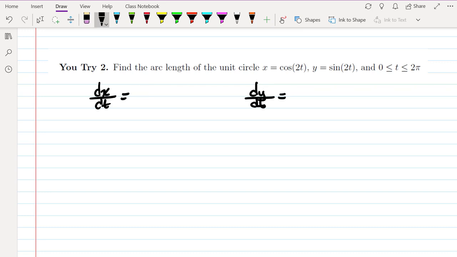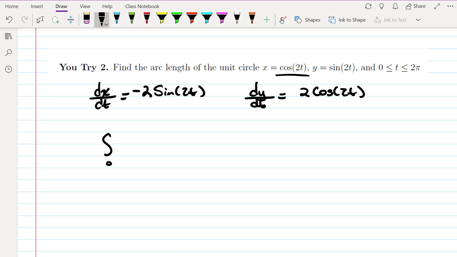Let's do that again. dx dt, x is cosine, so the derivative of cosine is negative sine. So we're going to have the sine of 2t, and it's negative, but then by the chain rule we get a 2. Similarly now, dy dt, the derivative of sine is cosine 2t. By the chain rule we get a 2 that comes out, so we get 2 times the cosine of 2t.